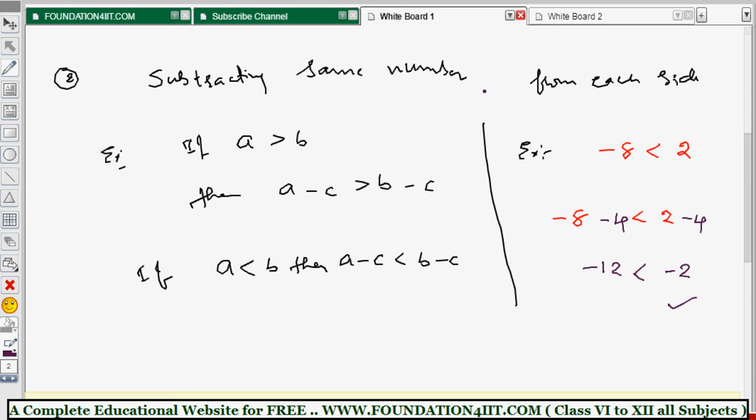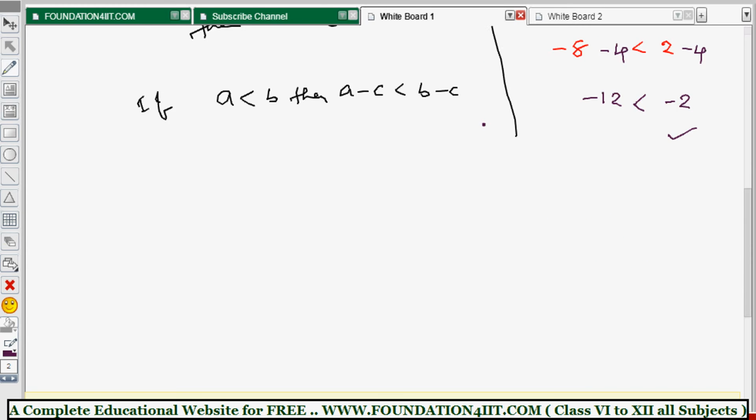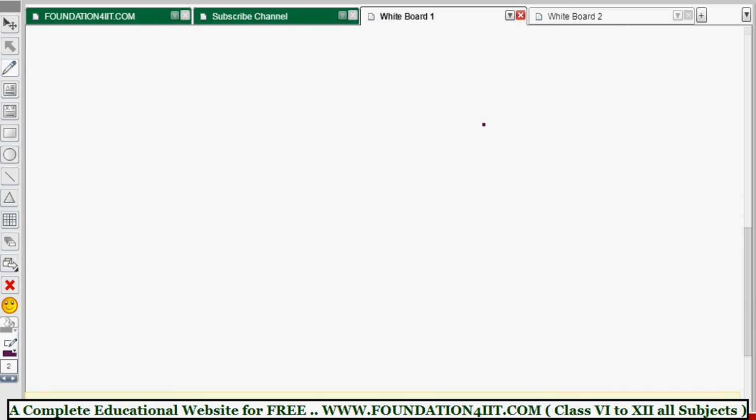Now the multiplication process. So the third property. There are 6 properties, so this is the third one now. This is multiplying each side of an inequality by a positive number.